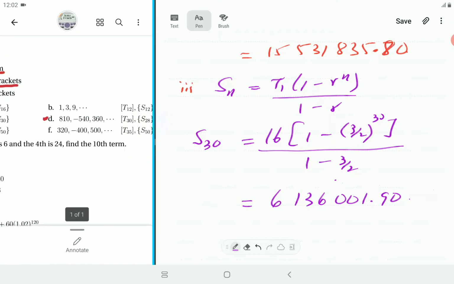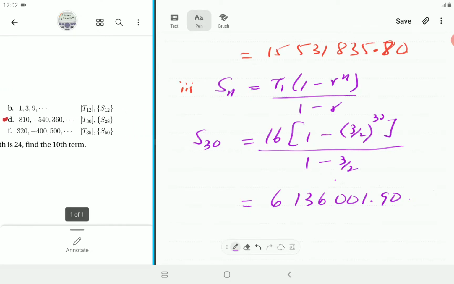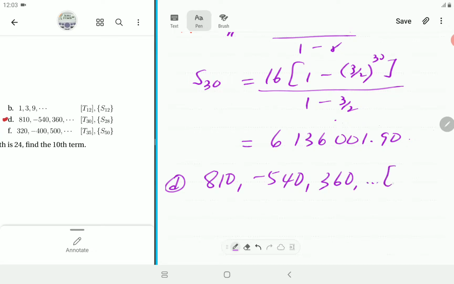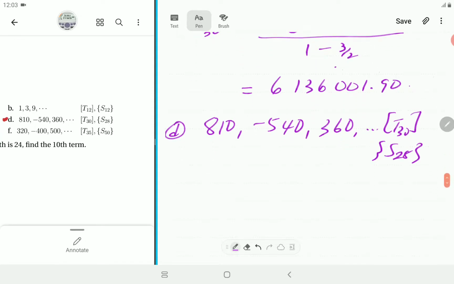So in part D, we have the first 3 terms are 810, negative 540, and then 360. We are looking for term number 30, and the sum of the first 28 terms.